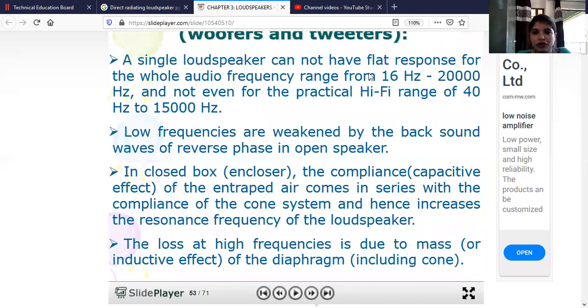So this is woofer and tweeters. You will see that we were having a better response at the frequency 16 hertz to 20 kilohertz, while there was a poor response at low and high frequency. So we have made different types of speakers for low frequency and for high frequency.